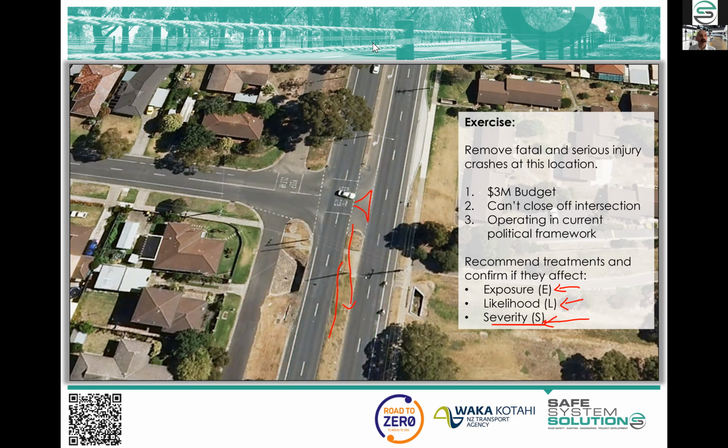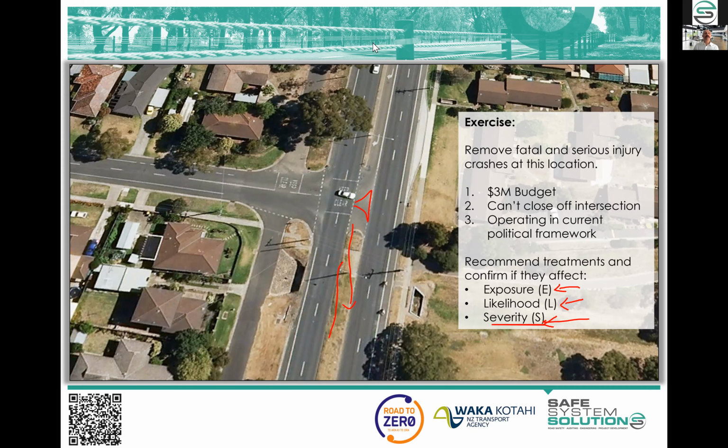looking at providing cycling facilities, maybe dedicated cycling facilities. Some people are thinking about using the service road for dedicated cycling facilities. And we've got a bit of a mix of people talking about cycling facilities in exposure or likelihood.